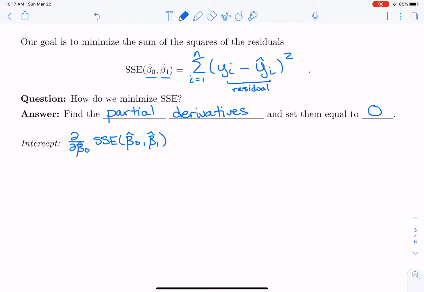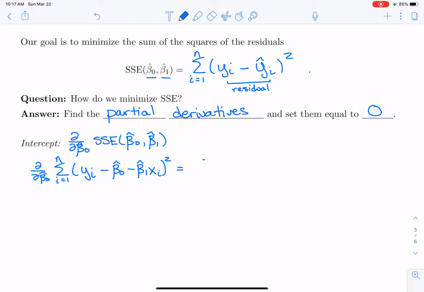So we want to take the derivative of the sum from i equals 1 to n of y sub i minus, and I'm going to go ahead and put in what y sub i hat is. y sub i hat is beta 0, normally it would be plus beta 1 x, but we're subtracting it, so it's minus beta 1 hat x sub i, and we're going to square that.